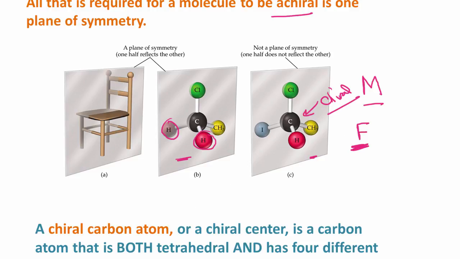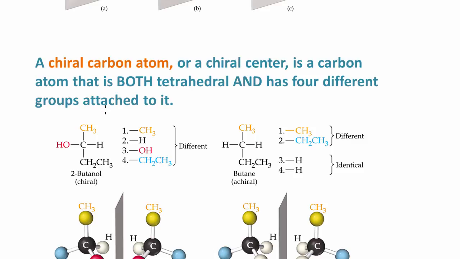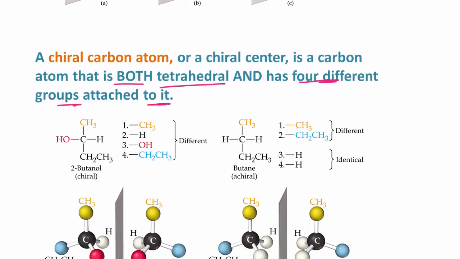So let's define a chiral carbon. A chiral carbon atom, or a chiral center, is a carbon atom that is both tetrahedral, so you have to have a tetrahedral geometry, and has 4 different groups attached to it. One half does not reflect the other for a chiral molecule. So again, what we have to have is a chiral carbon atom. We also call these chiral centers.